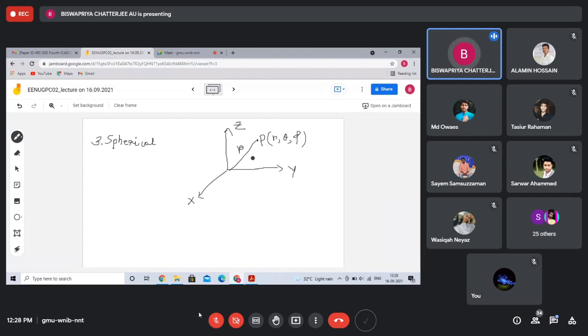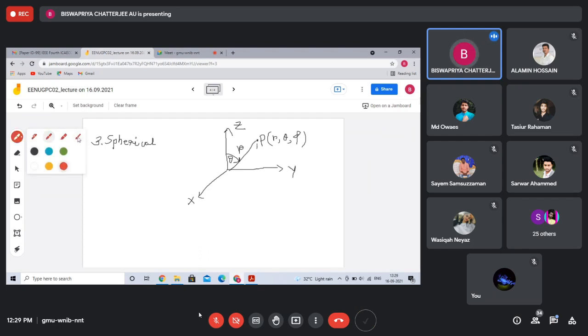Now it is the line joining the origin to the exact location of the point. What is theta? It is the angle between the positive z axis and this r. And the definition of phi remains the same.